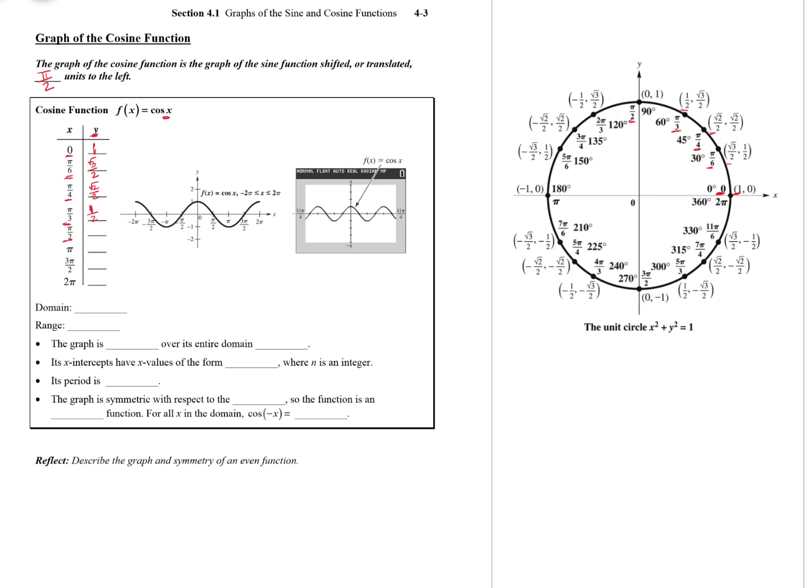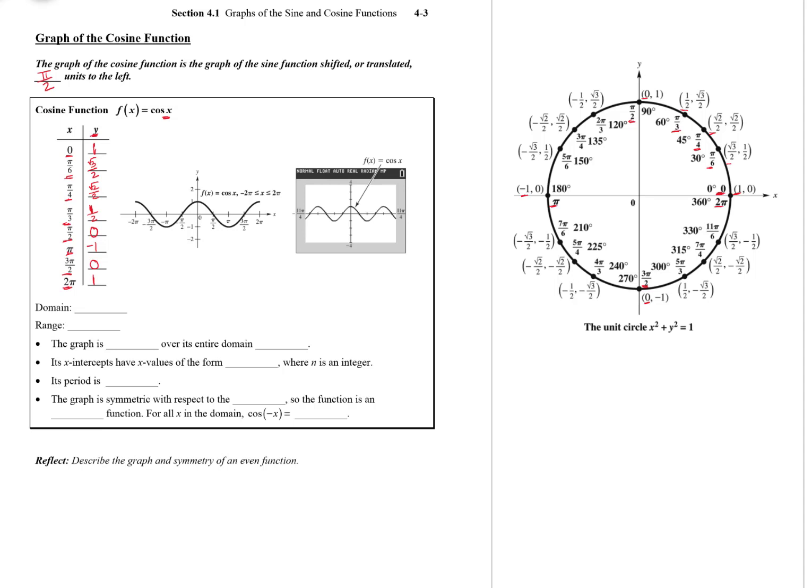If the angle is pi over 2, cosine is 0. The angle is pi. Cosine of pi is -1. The angle is 3 pi over 2. Cosine is 0. And if the angle is 2 pi, cosine is 1.